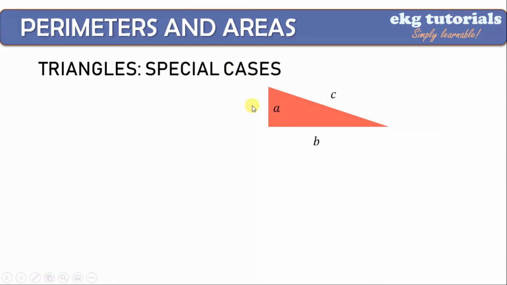Now, special cases of triangle. Earlier, we were given this triangle. What if we add this triangle with a base of D?